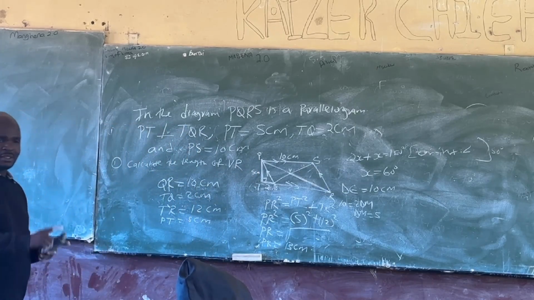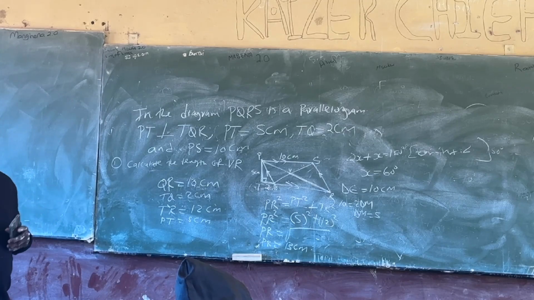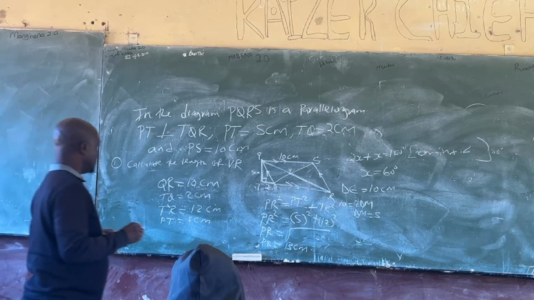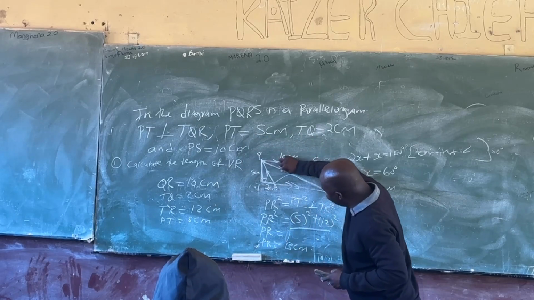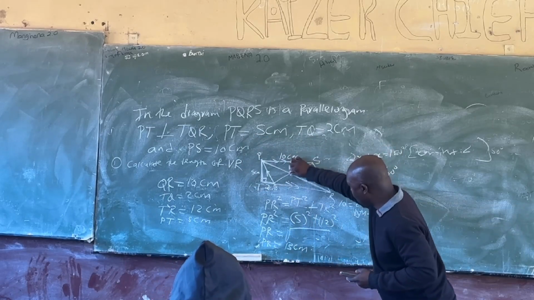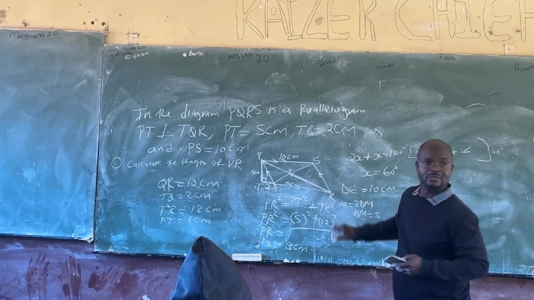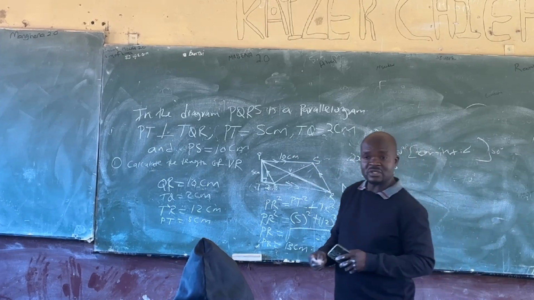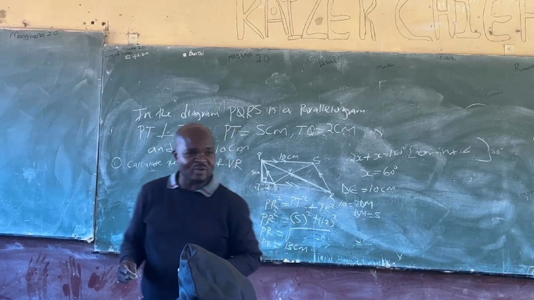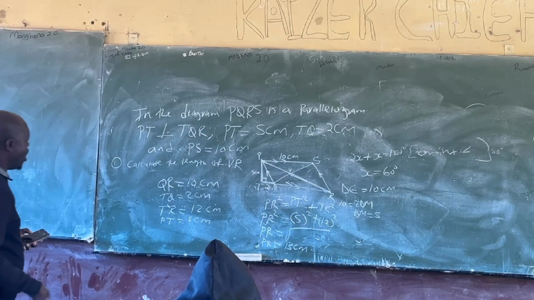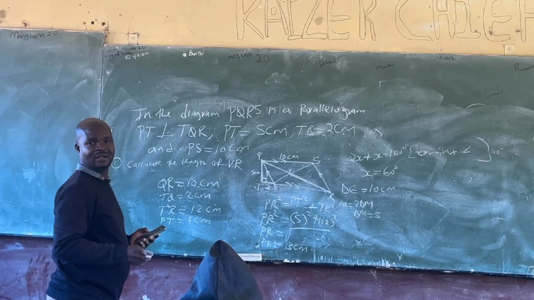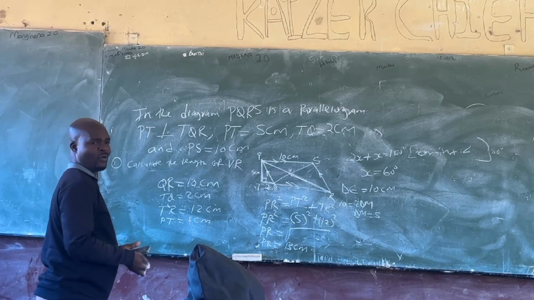Okay. Let's go back to our parallelogram. PV is equal to VR. PV equals what? VR. Now, from PR is 13. What is my PV?